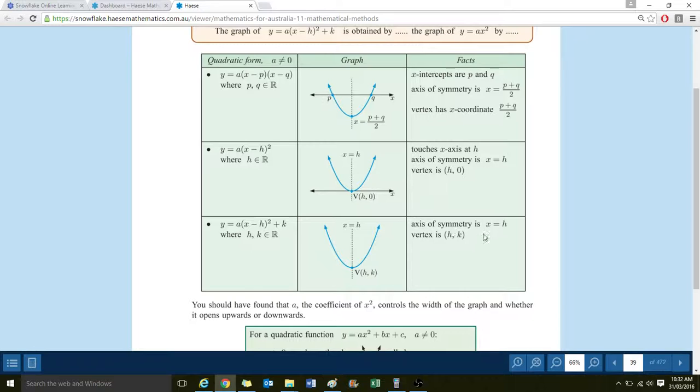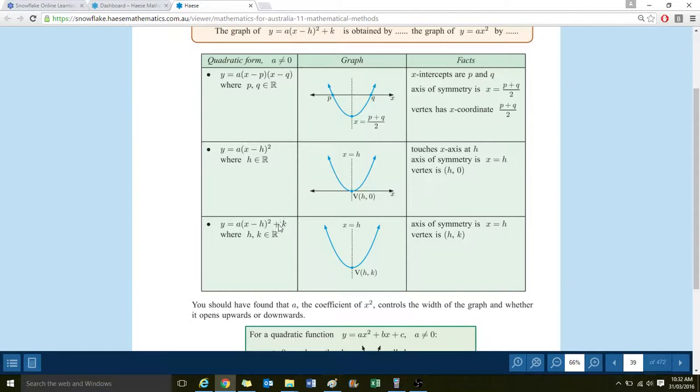We have the axis of symmetry occurring at x equals h. In our circumstance it's 1, and the vertex is at h comma k. Now it's exactly the same as this one here that I'm circling with my mouse right now. The only difference is we've got this plus k on the end.